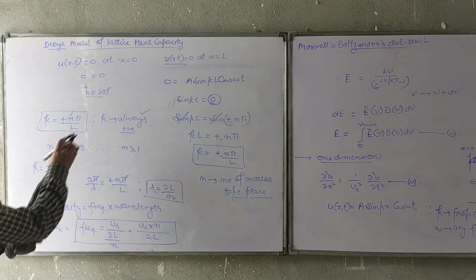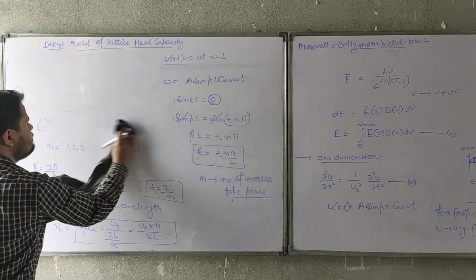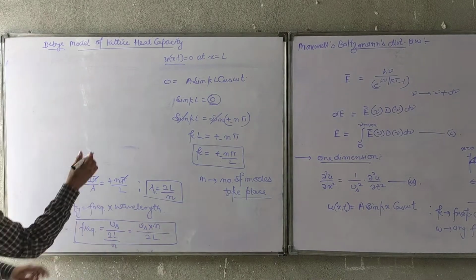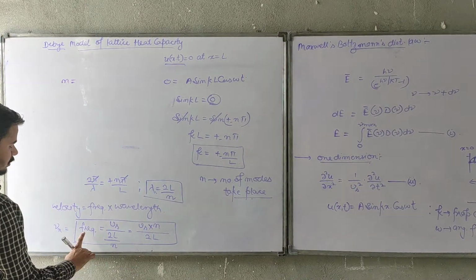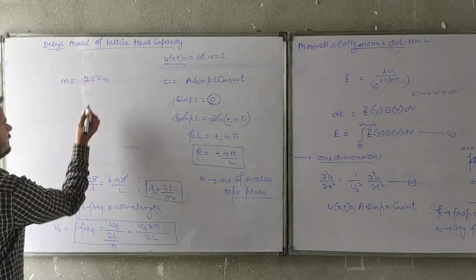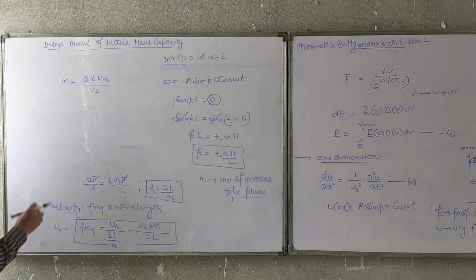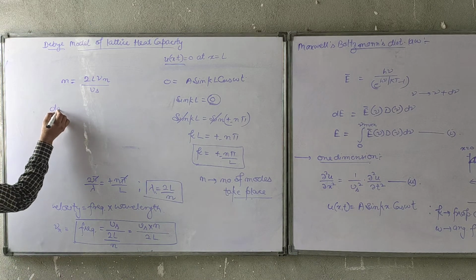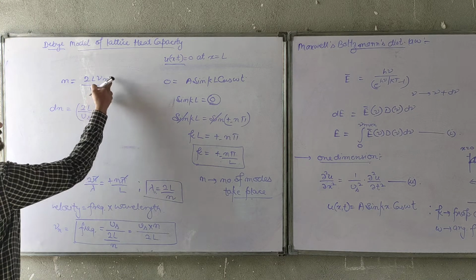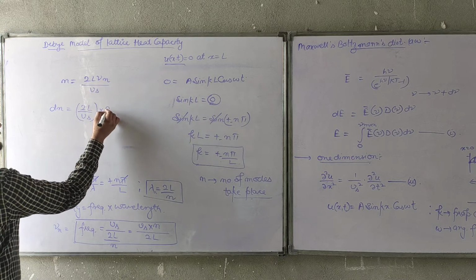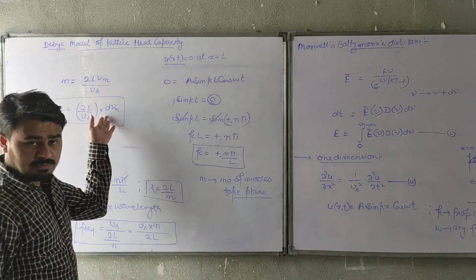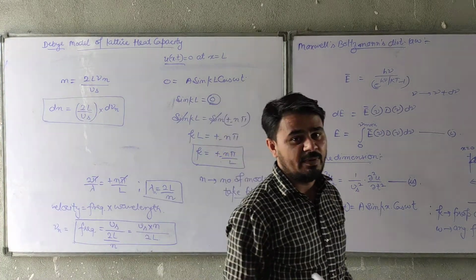From this value, the value of n is equal to 2l into nu n divided by velocity, that is vs, and the small change dn will be 2l upon vs into d nu n. Again, you can note down this relation, which is helpful for numerical problems.